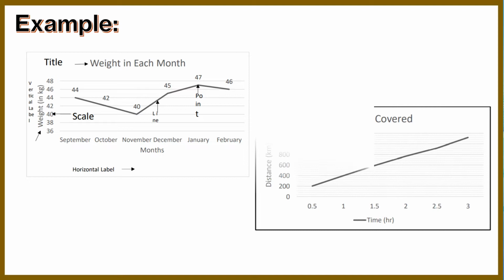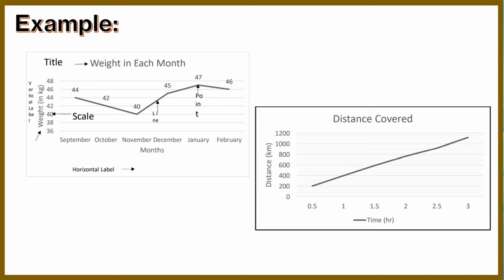Okay, next here, we have the distance covered. So, yung distance covered is our title. And then, tignan natin sa left side natin, yung vertical axis. So, we have here the distance in kilometer. So, we will be starting from 0, 200, 400, 600, 800, 1,000, and 1,200. So, kung mapapansin natin, yung scale natin ay by 200. So, yung distance nila sa isa't isa ay by 200.